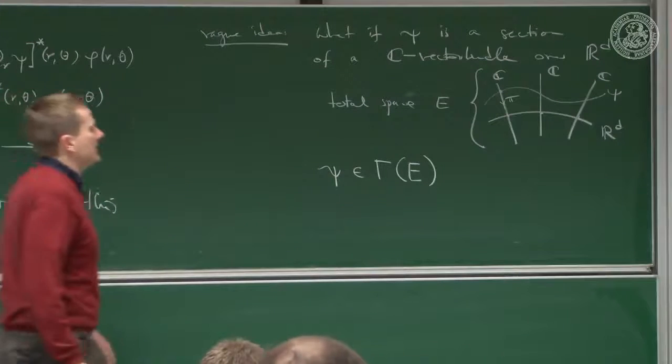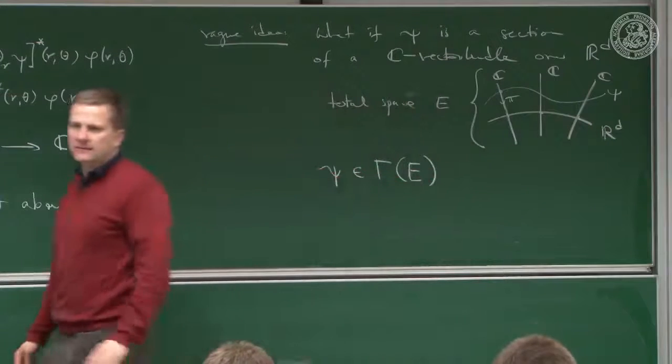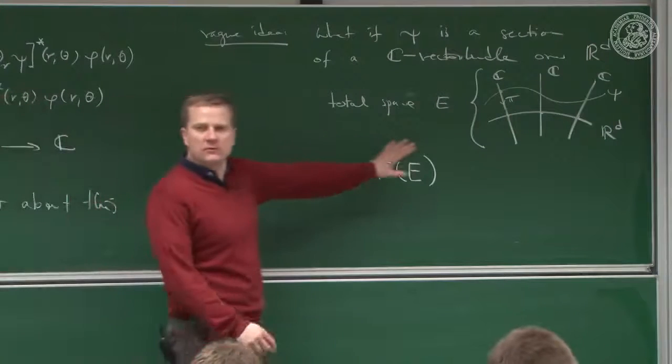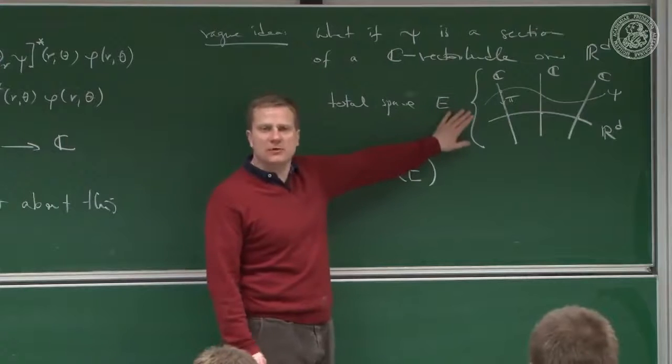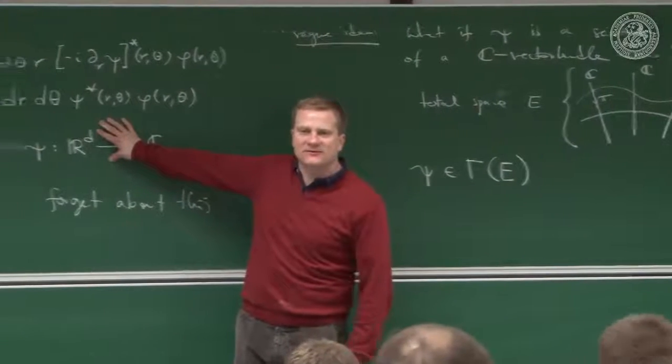And locally, yes, that looks like a function over R^D. But what's the difference if we turn to this view, which has this fantastic property of being almost the same as the standard view?